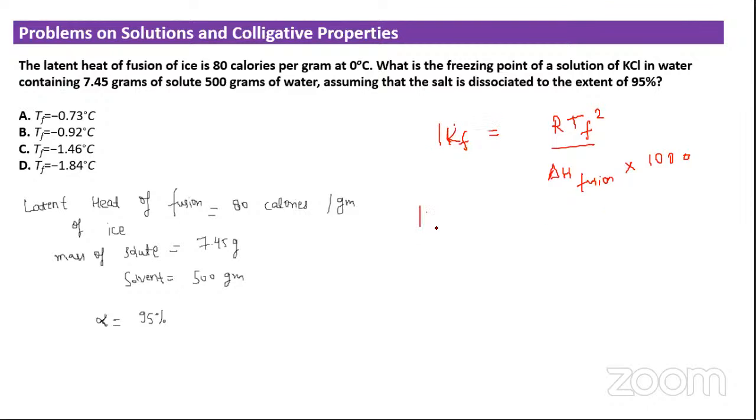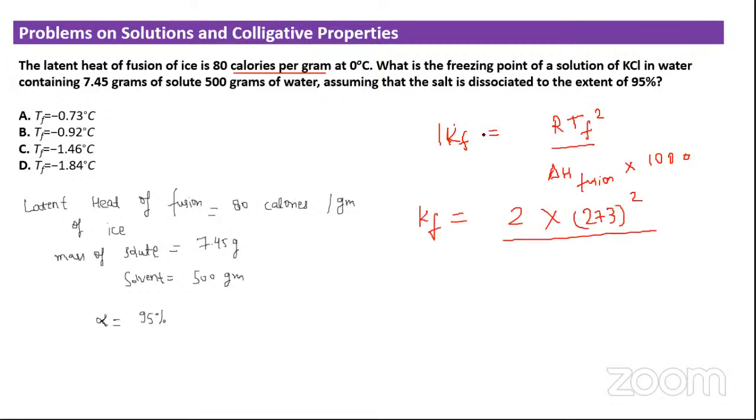So Kf, the value of latent heat of fusion is being given in calories per gram. So let's put the value of R in calories. Okay, calories per Kelvin mole वाली value रख देते हैं, that is 2. And Tf, freezing point of water, converted into Kelvin, तो 0 डिग्री से हो जाएगा 273 Kelvin.